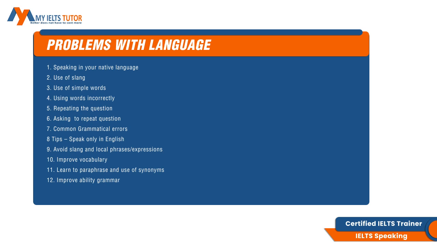The scorers are looking at your ability to use advanced vocabulary, so you want to work on this. They're also looking at how you use these words. For example, if I say, everyone in the room is wearing separate shoes, this is incorrect. I really should say different shoes instead of separate.